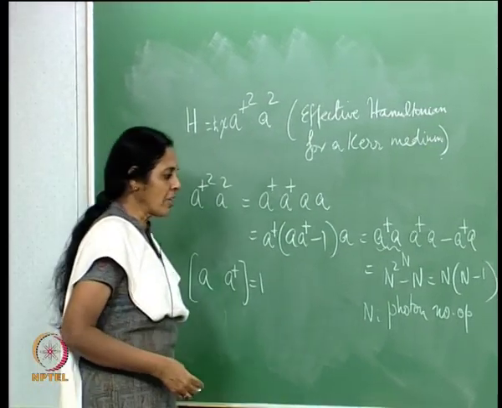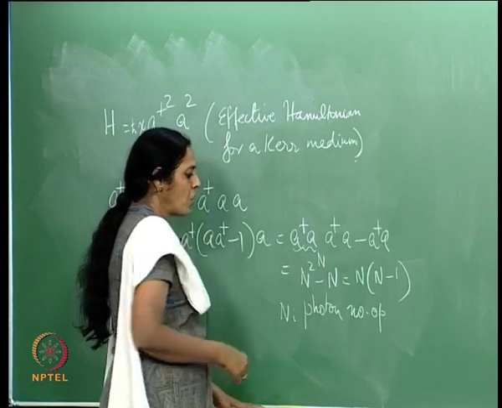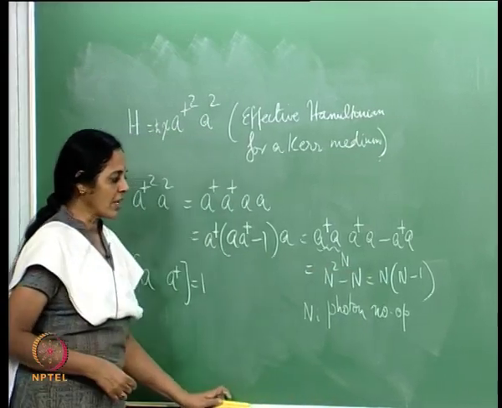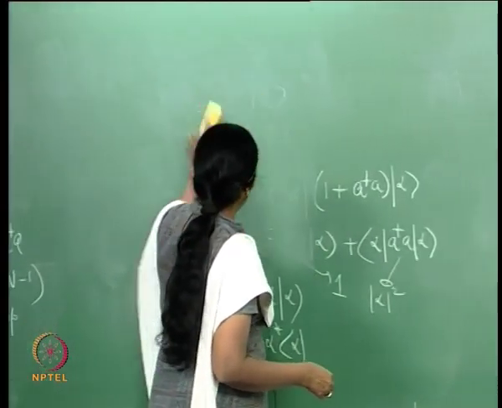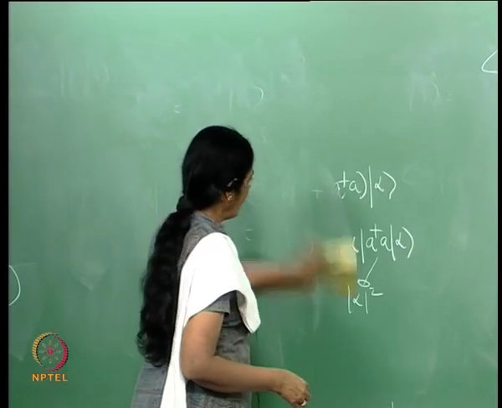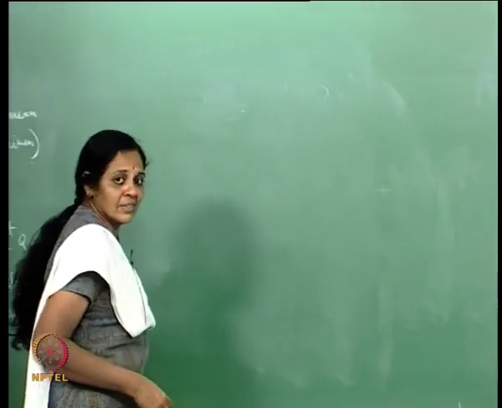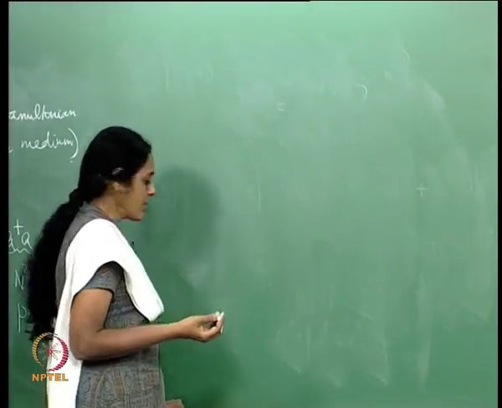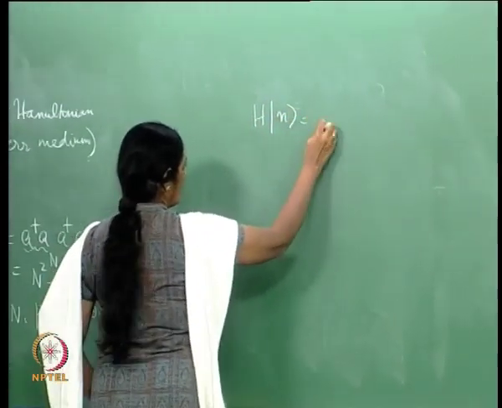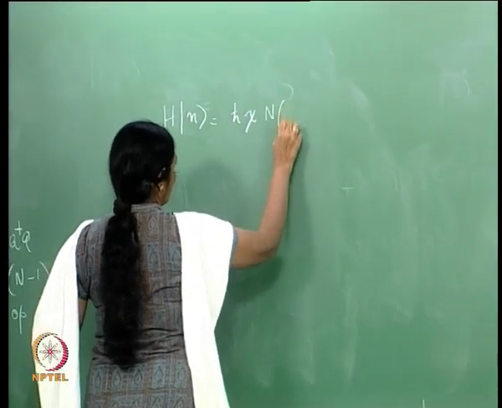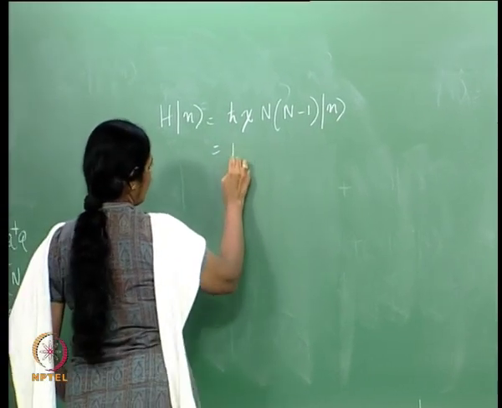I therefore need to find out the eigenvalues and eigenfunctions of this Hamiltonian, H = ħχ n(n minus 1). It is evident that the basis set ket n, the n photon state for instance, is an eigenstate of this Hamiltonian, because H acting on ket n is ħχ n(n minus 1) ket n.